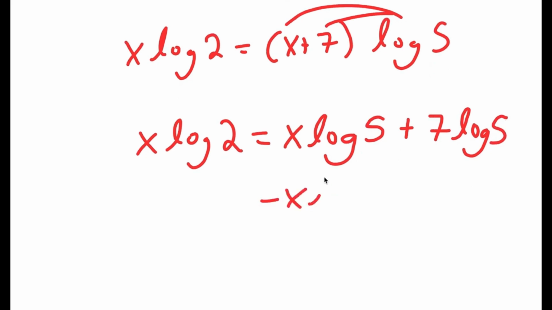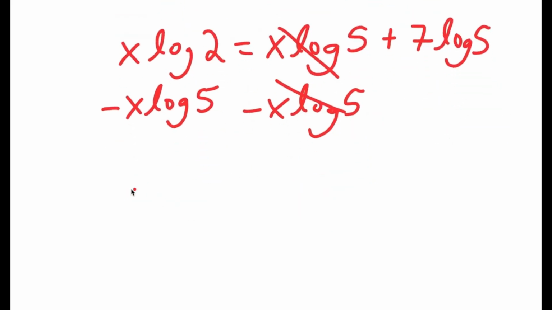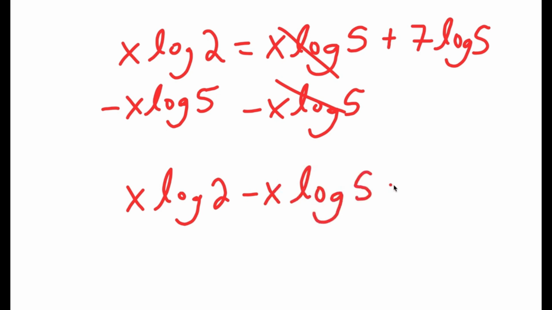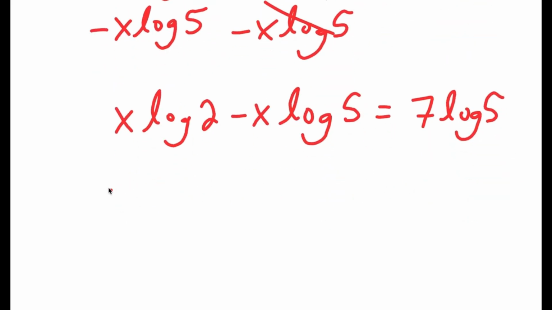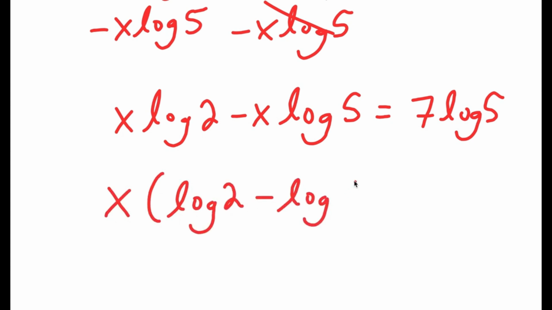Now if I subtract x times log 5 on both sides, these two cancel out, and I get x times log 2 minus x times log 5 is equal to 7 times log 5. Now I can factor out x, so I get x times log 2 minus log 5 is equal to 7 times log 5.